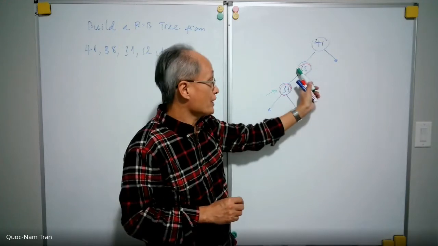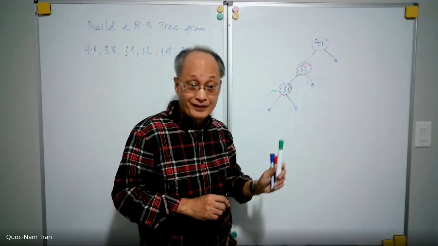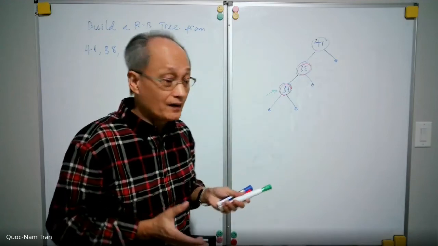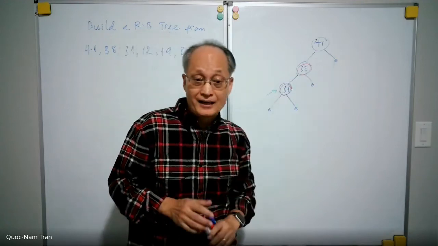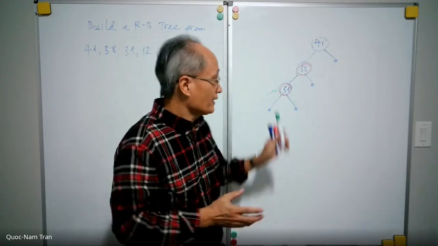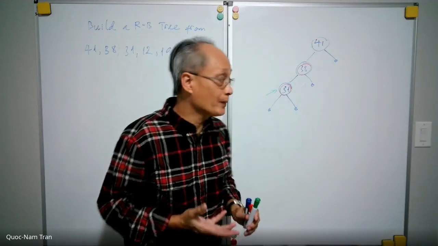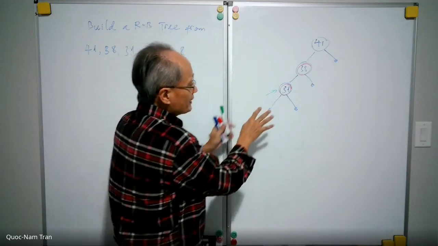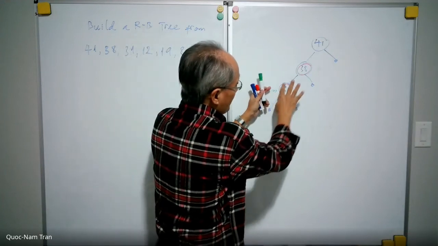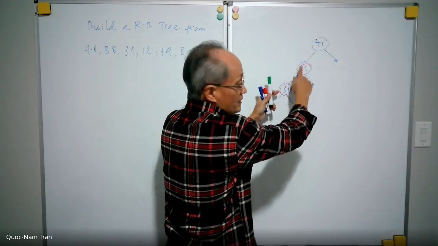So we cannot change the color of both of them, right? Because we change the color only if both the parent and the uncle are red. But here, the uncle is not red, it's black. Here we have 2 red nodes in a row.